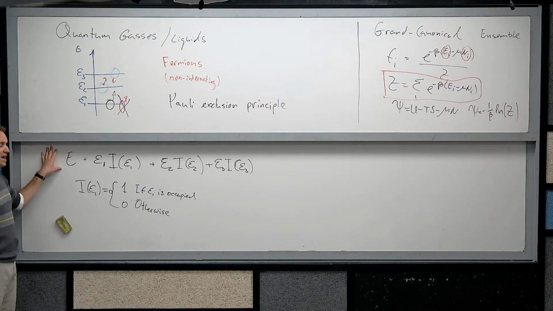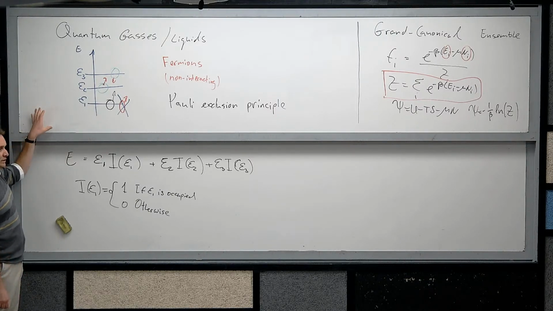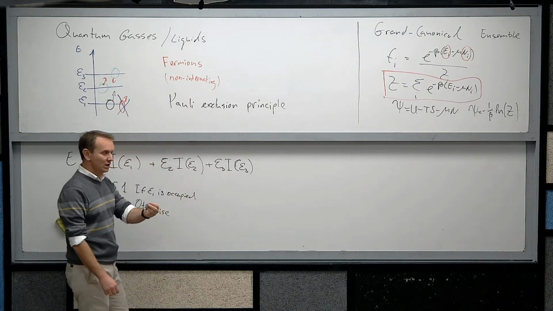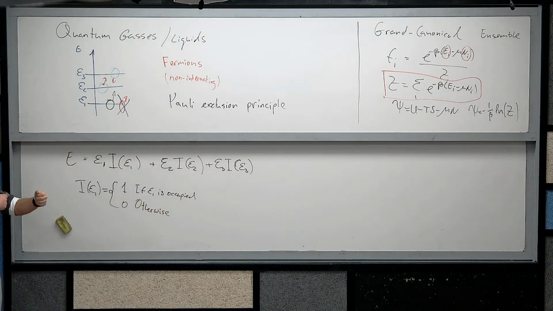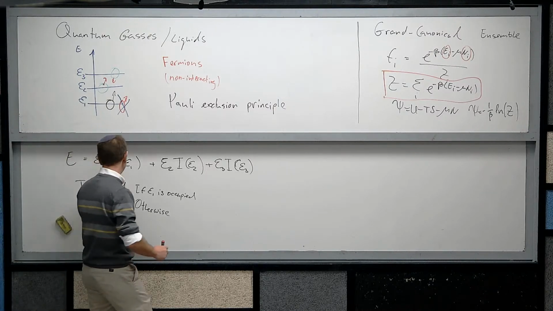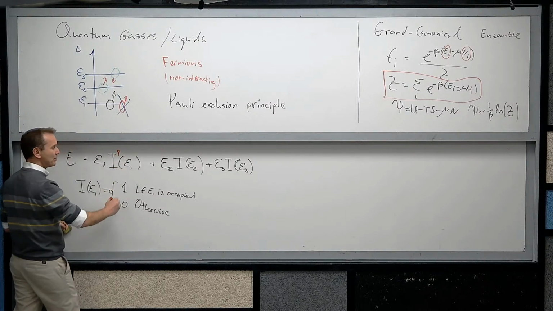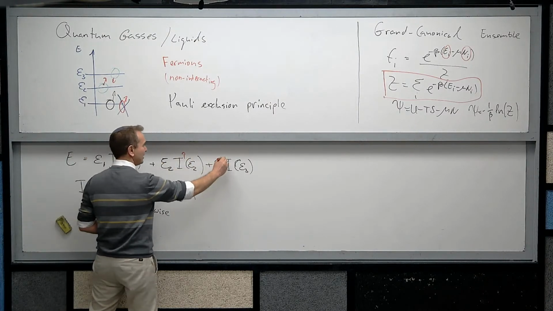So I managed to write the energy of the system as a sum of energies, but those energies are sums not of the different particles, but of the different states. Yes? Don't we lose something here? Because there can be two fermions in the same energy. Great. So let's write it down as I up, and up.